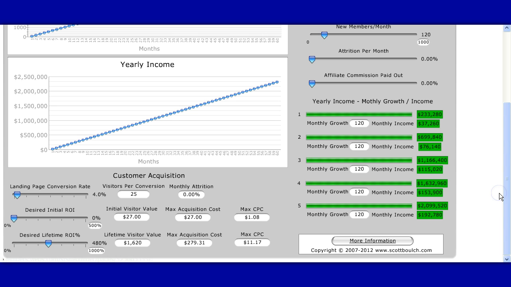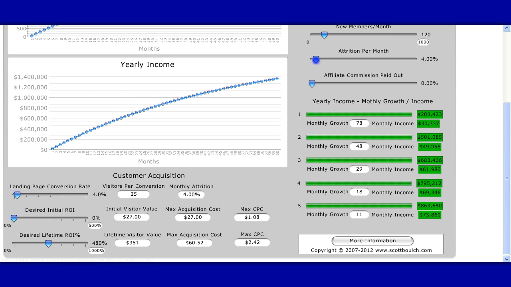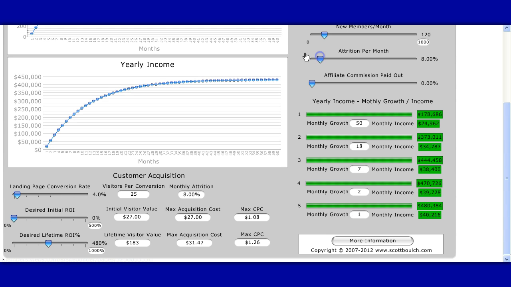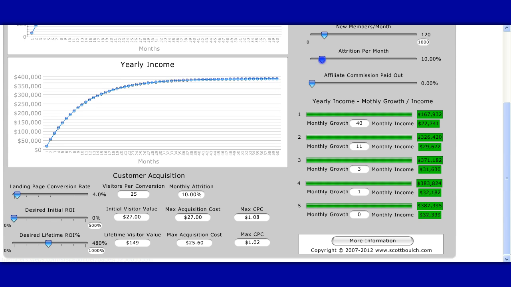And then what is our desired ROI? I don't care even if I lose money. So we can spend $11.17 per, I forgot to do the attrition rate. At 10%. But if you build the proper relationships with your customers, because that's all a customer is, it's based upon a relationship.